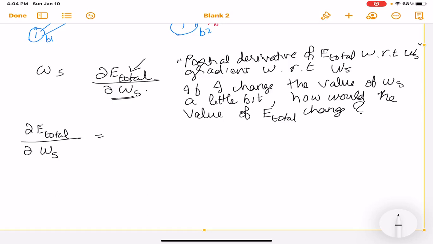To find that, we will apply the chain rule. You might already be familiar with the chain rule and differentiation from your math course in the first semester.